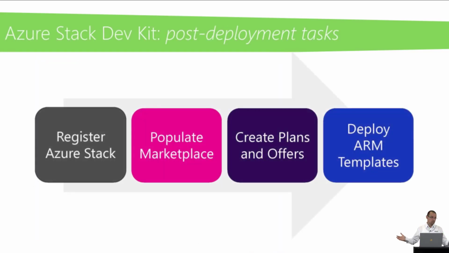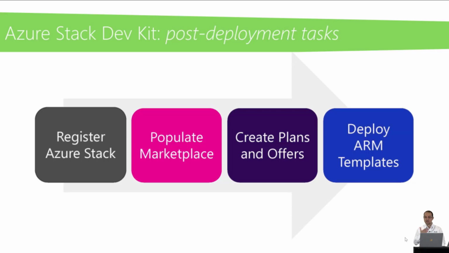Okay, now you have deployed Azure Stack Dev Kit. It will take around 4 to 5 hours. What should you do next? There are 4 simple tasks that you will do post-deployment. First, you need to register Azure Stack with a public Azure subscription. When Azure Stack is registered, you can populate items from the Azure Marketplace.